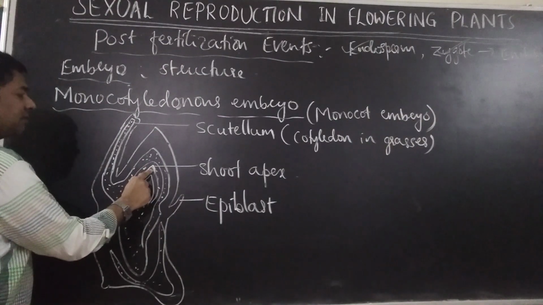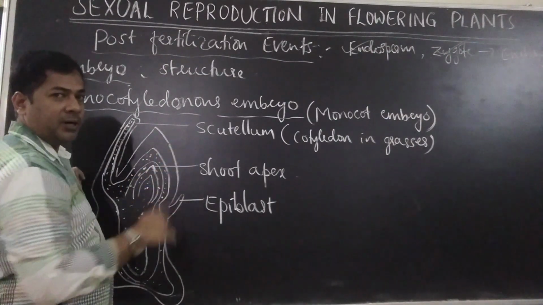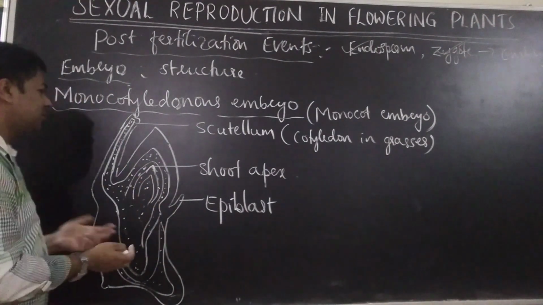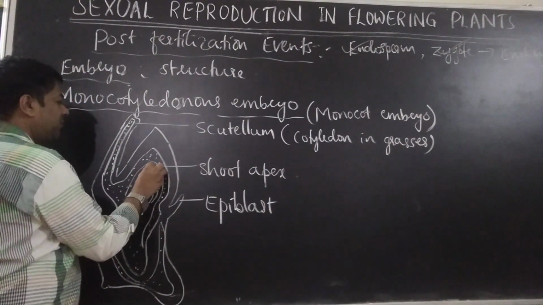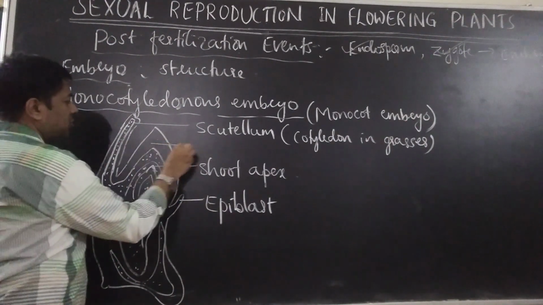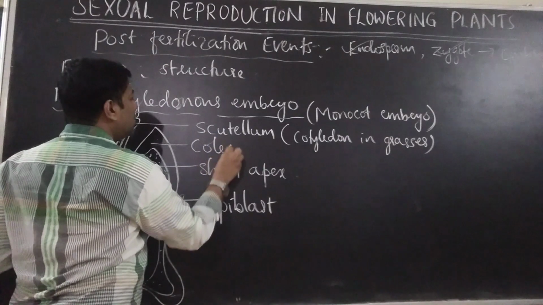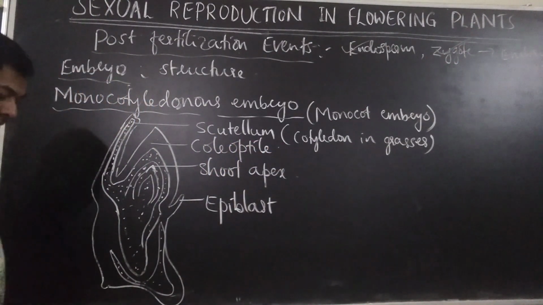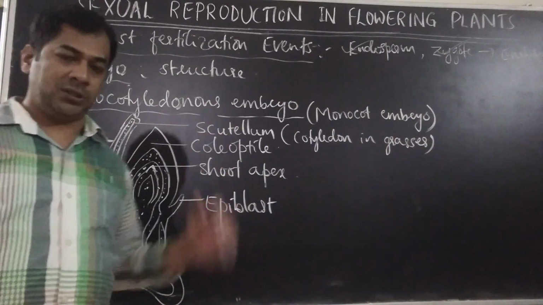This part will become the green part of the plant, the upper part above the ground level. Stem, leaves, branches, flowers, fruits, all these will be produced in future by the shoot apex. Then the upper part, actually, should be called coleoptile. Coleoptile will become a shoot.